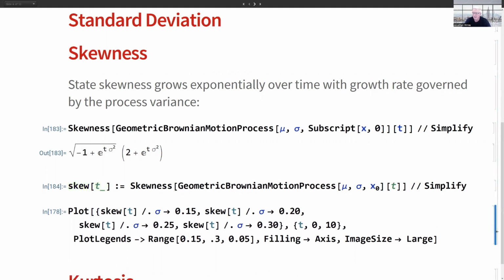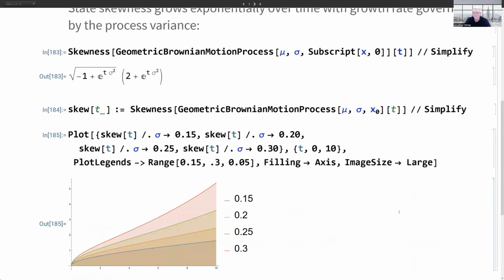And then let's have a look at the skewness at time t for a process as sigma increases from 0.15 through to 0.3. As we do that, we can see the growth in the skewness of the process in all cases, but that rate of growth accelerates as sigma increases.